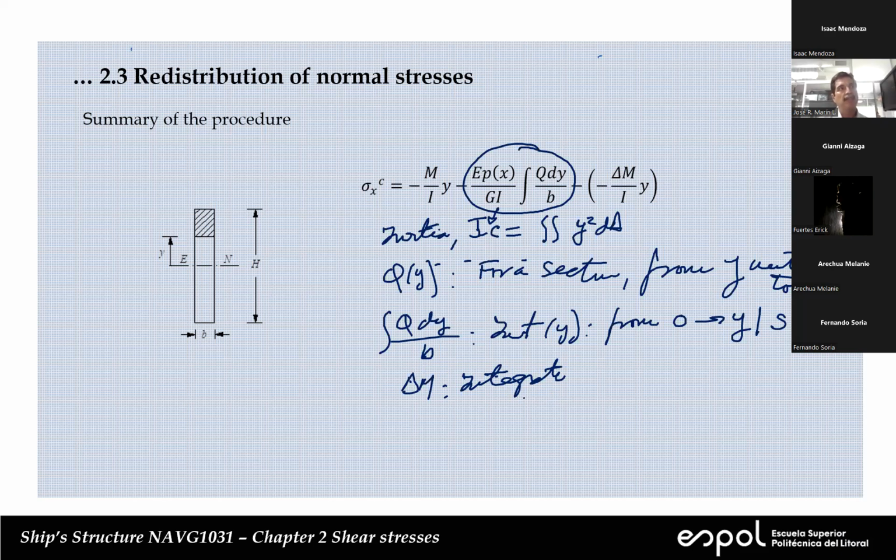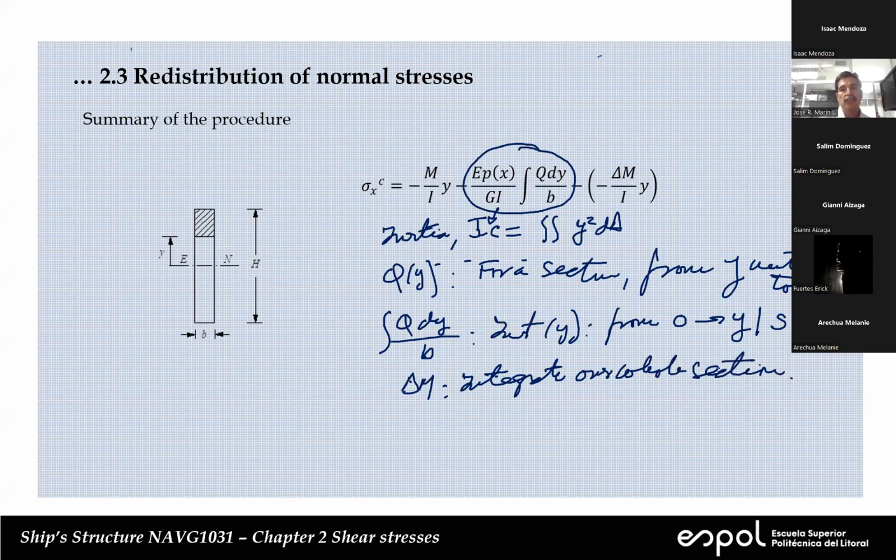Integrate in what region, Mr. Dominguez? The whole section. Yes, over the whole section, yes. Because you need to calculate how much moment is out of balance, right? And then we can apply the whole expression.